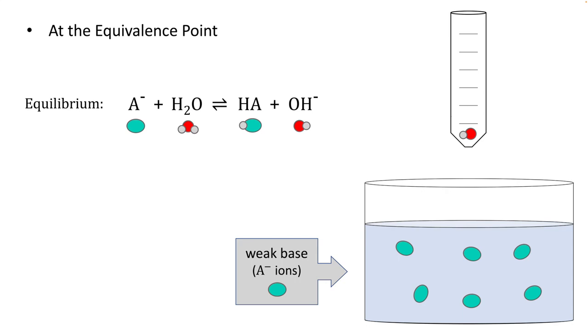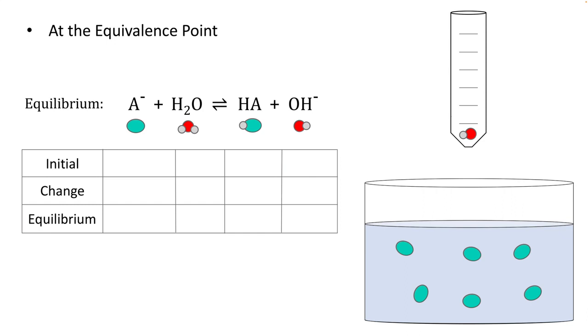And we've done this before. We know how to handle base equilibrium as well as acid equilibrium. We do an ICE table and we track the changes. A quick note: the concentration of A- here will need to be determined from the moles of A- produced by the titration. When we titrate, we're increasing the solution volume, so we'll have to take that into account when determining the concentration.